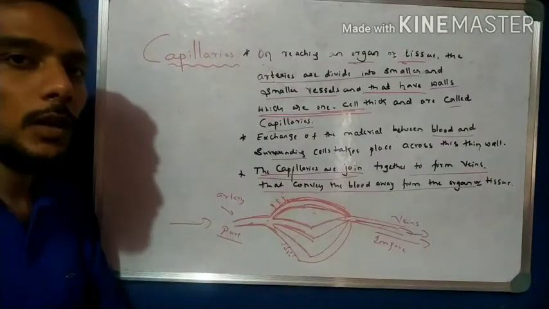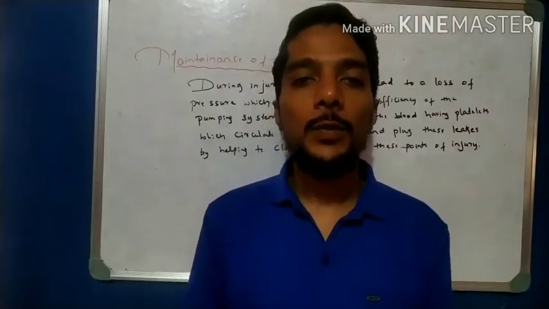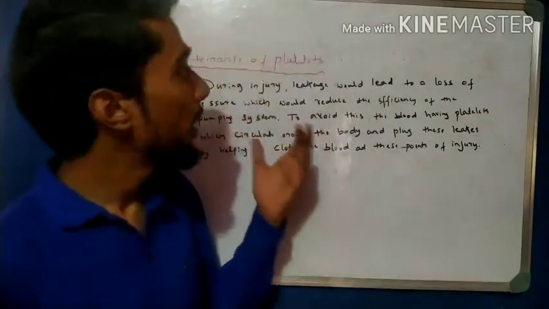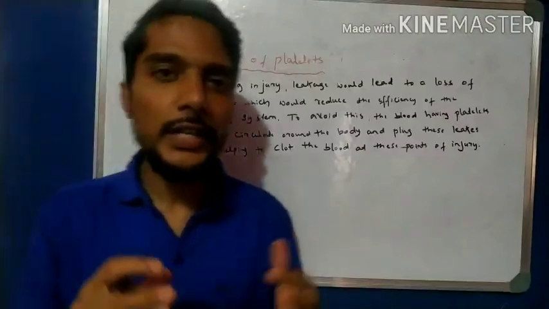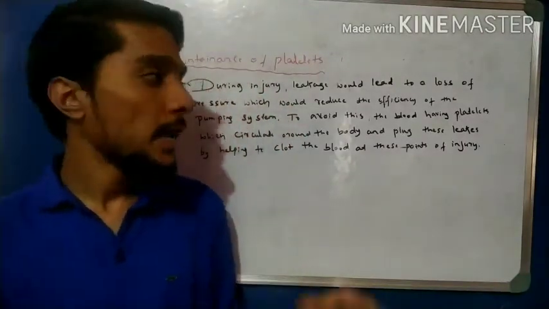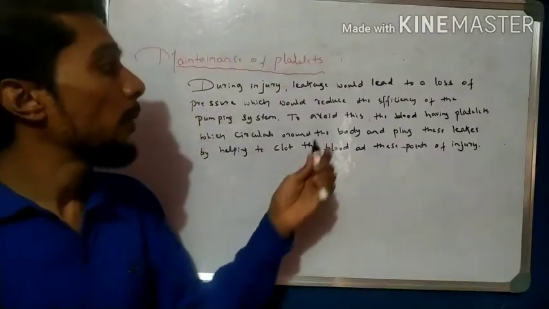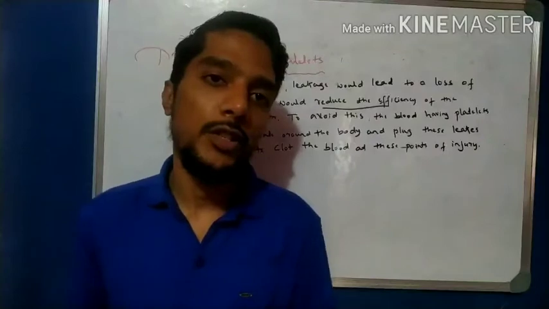Now come to platelets. Okay students, now take the last point of this video, that is about the maintenance of platelets. Very short notes about the platelets. We know that during injury, during an accident, when loss of blood takes place, that loss of blood reduces the efficiency of the pumping system, right?